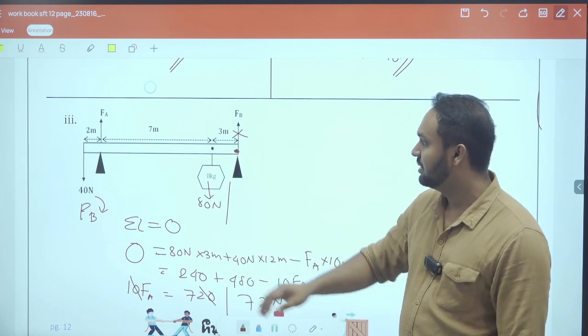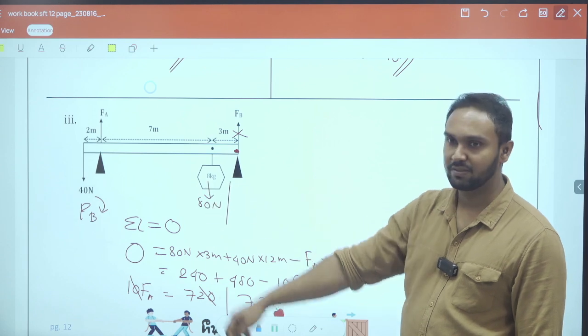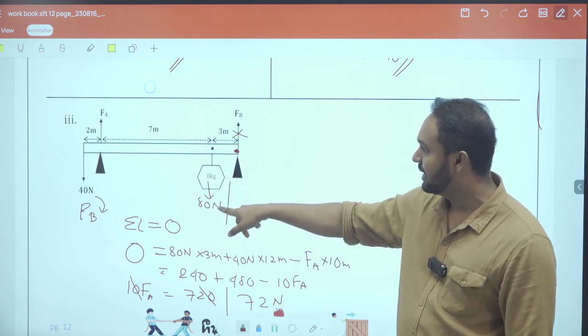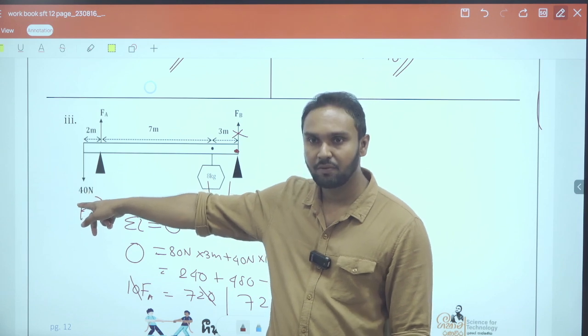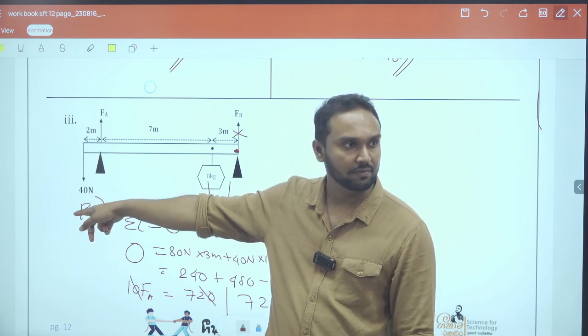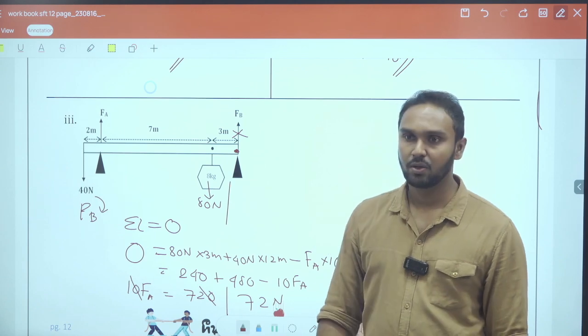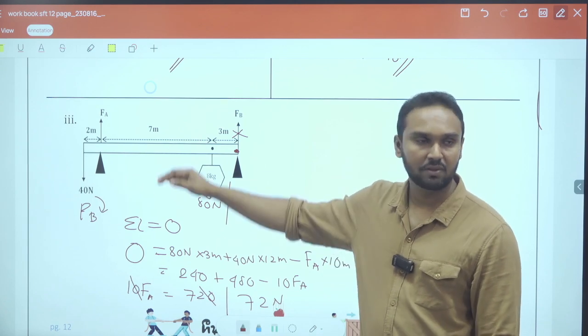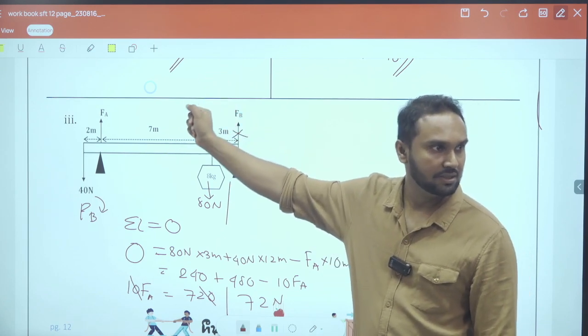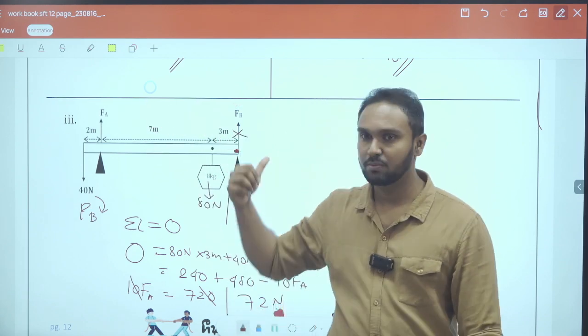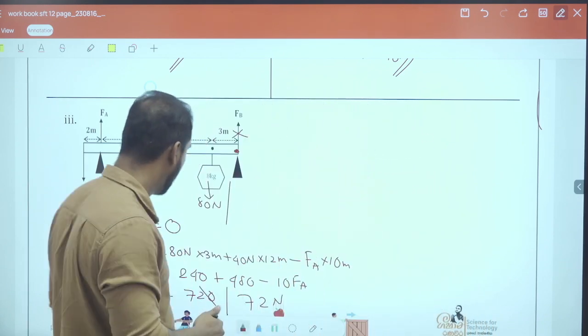And if you consider the up and downward forces, so downward forces are what? This is 80, this is 40, right? Other than that, any forces acting downwards? No. So that's altogether 120 and should be equal to the forces acting upwards. So we found that FA is 72, then FB should be how much? You have to calculate.